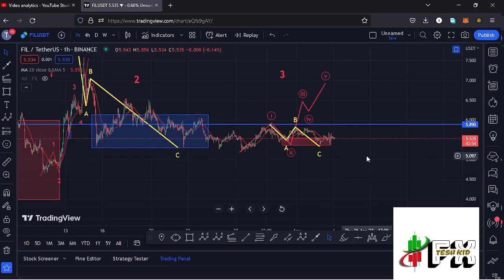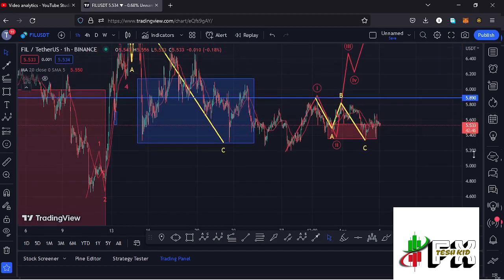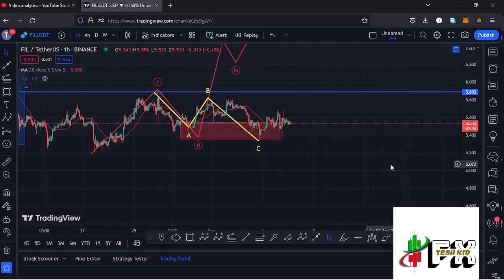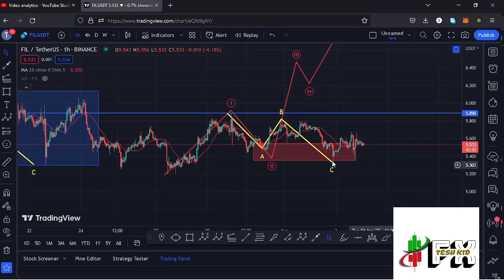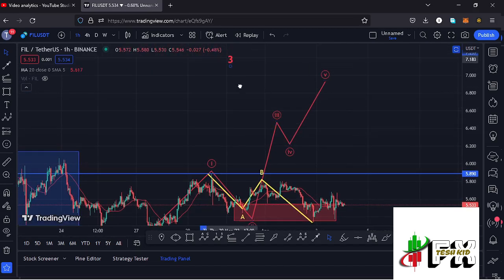And because of the impulsive nature in the formation of that wave 3, I'm also expecting to see another micro Elliott wave count within the formation of that wave 3, where you can now see that I have this Elliott wave structure in red, where we have now peaked in that first wave. We are now seeing a corrective structure in the formation of this wave 2, and soon I'm expecting that massive run up in the formation of that wave 3 before we can expect a wave 4, then the wave 5 to fully maximize this larger Elliott wave count 3 to the upper side.